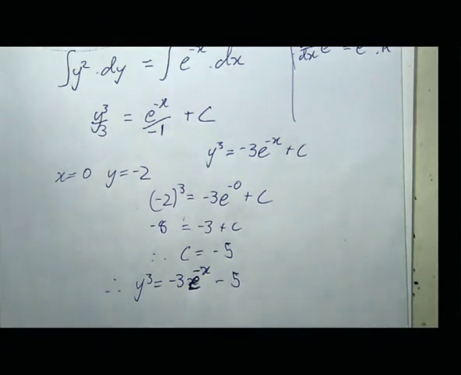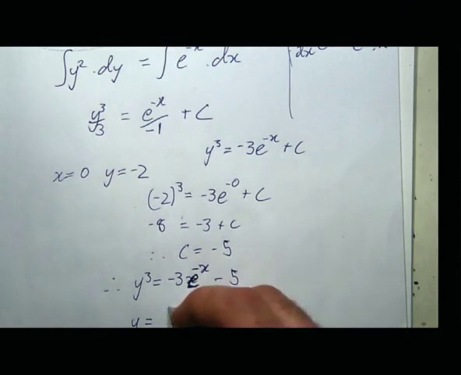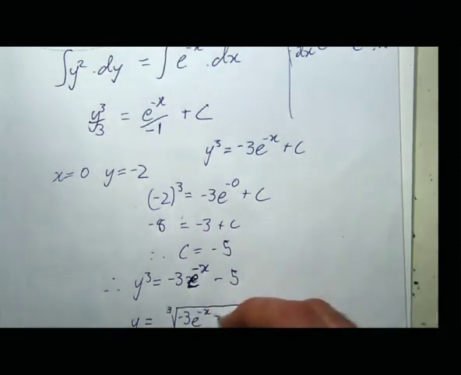Possibly I'd go one step further and say y is equal to the cube root of minus 3e to the minus x minus 5, and I have to have that whole thing under the cube root. Do we have any questions thus far?